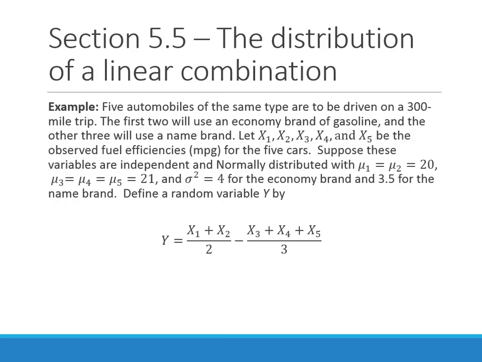Okay, and the variance of y is going to be, I can split apart that sum and add up all the variances weighted by the squared weights. So this is going to be 1/2 squared times sigma 1 squared plus 1/2 squared times sigma 2 squared. Then 1/3 squared times sigma 3 squared, same for all of these.